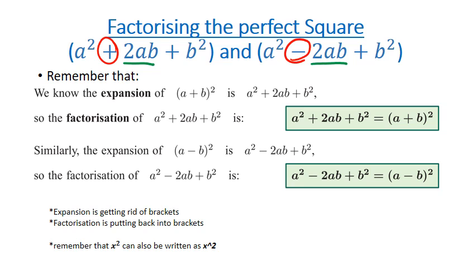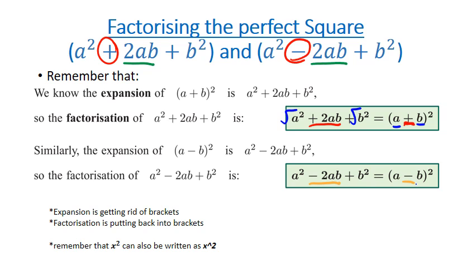The reason I say this is because if it's a positive 2ab, that means that we're going to actually have a positive symbol in the middle of our brackets. Alright? And our terms on either side, a and b, are literally just the square root of our first term and the square root of our last term. Now, if we have a negative 2ab in the middle, we're going to have a negative symbol in the middle of our brackets.